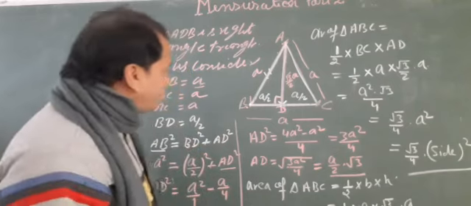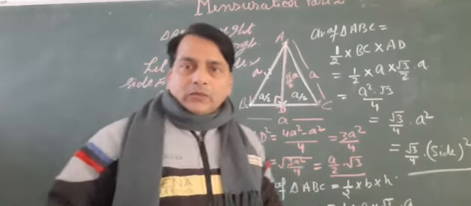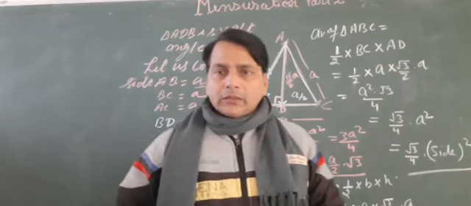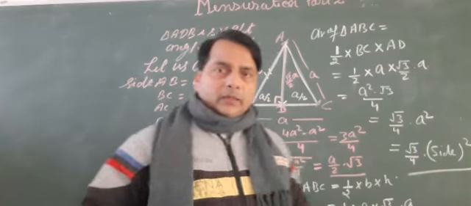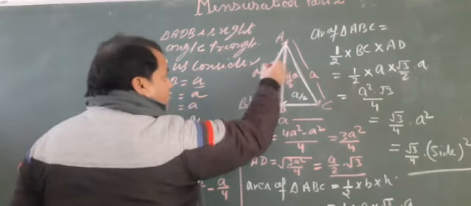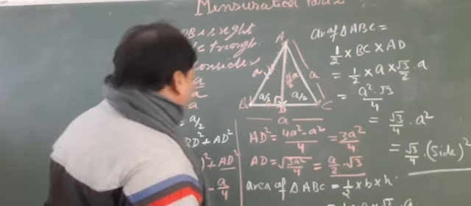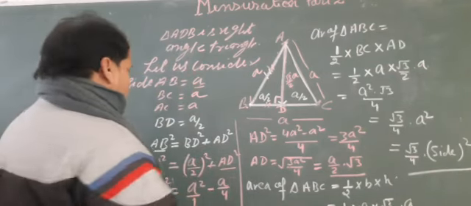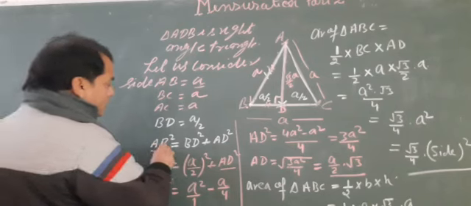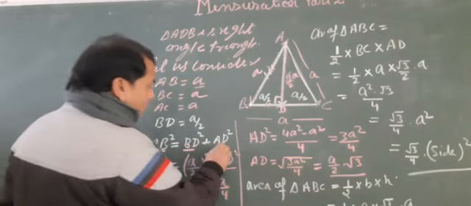According to the formula of the Pythagoras theorem, hypotenuse square equal to base square plus perpendicular square. So in this triangle ADB, AB is hypotenuse, BD is base and AD is perpendicular. Then AB square equal to BD square plus AD square.